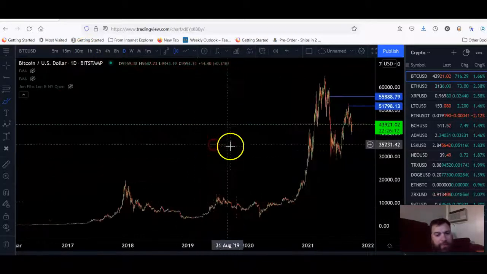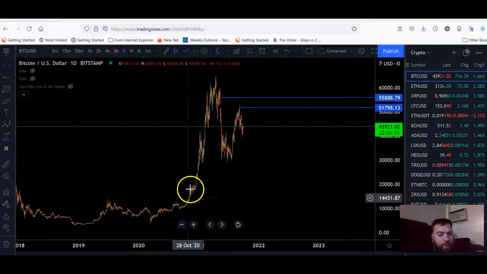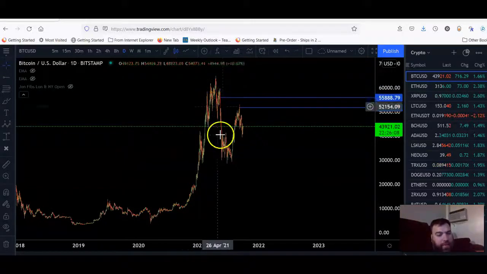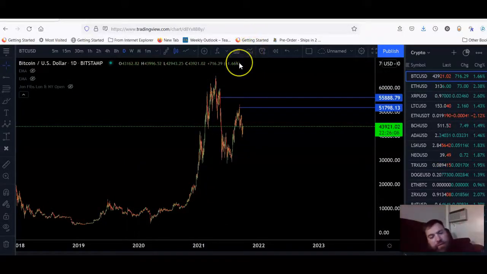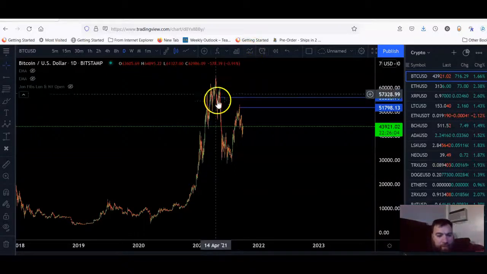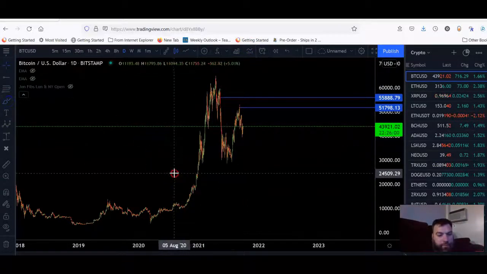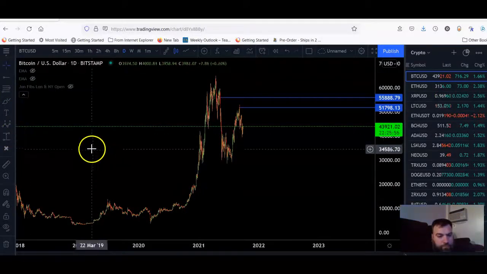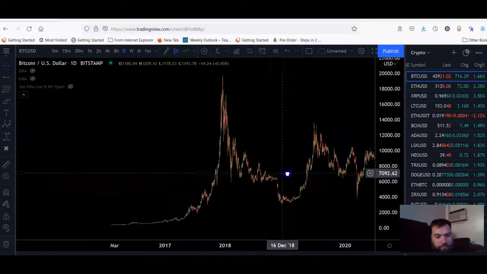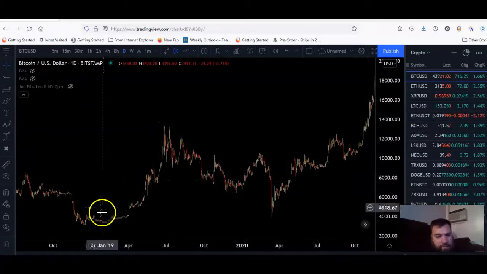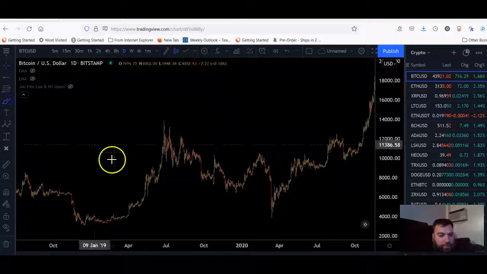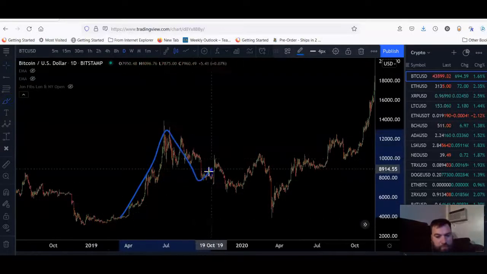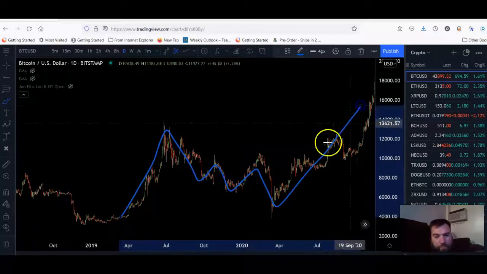Because you can't just have a huge move up like this and then just go straight up to 150,000. It has to pull back. This is a big pullback. Like this move up right here.